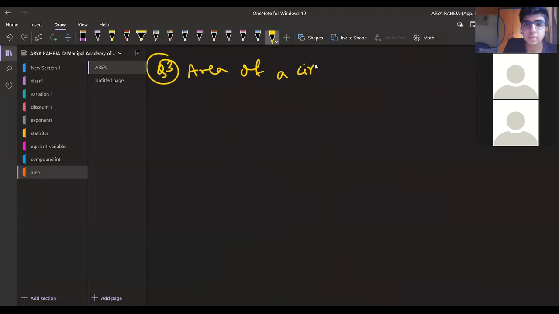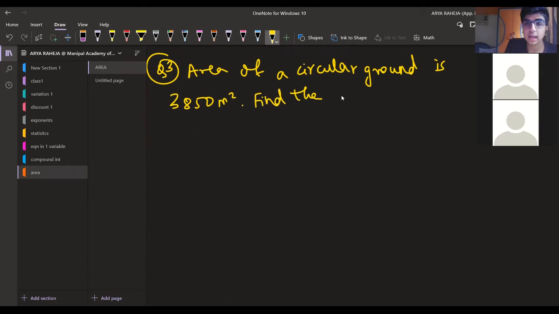Area of a circular ground. Area of a circular ground is 3850 meter square. Find the radius of the circular ground.